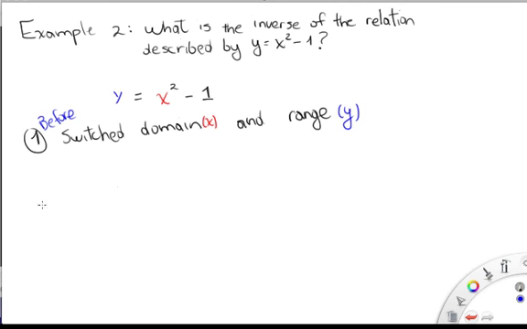So now we repeat the process, only that we're going to be more specific about what we're switching. And instead of y, I'm going to switch it with the x because that's what we did before, right?